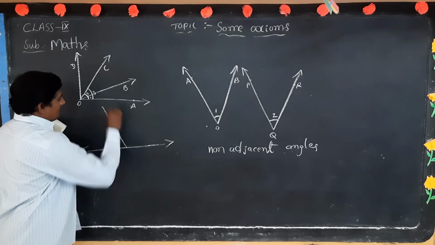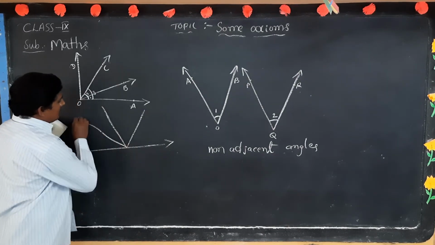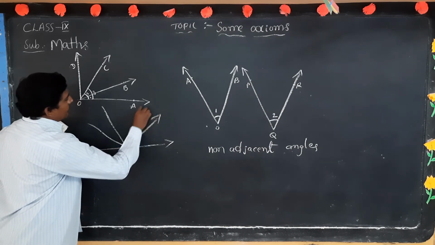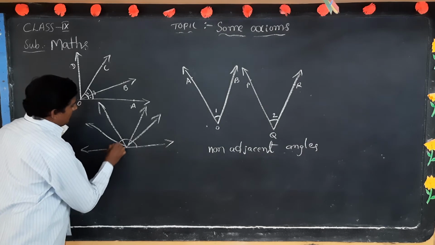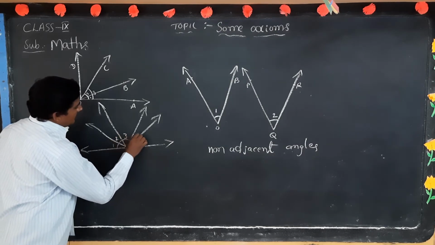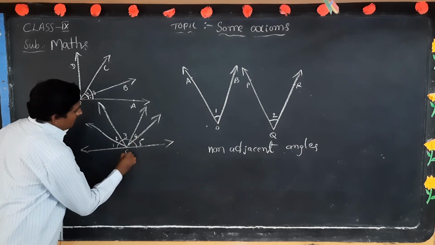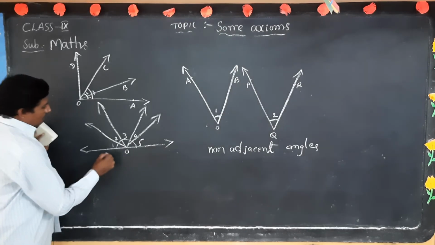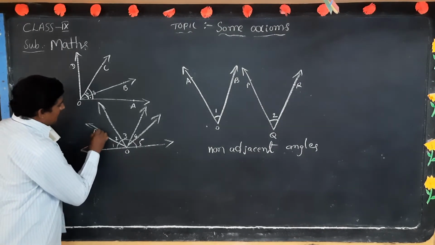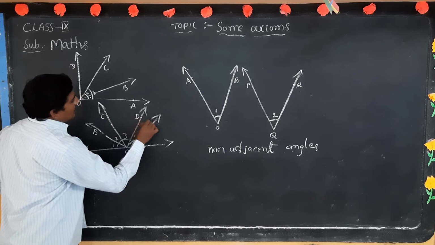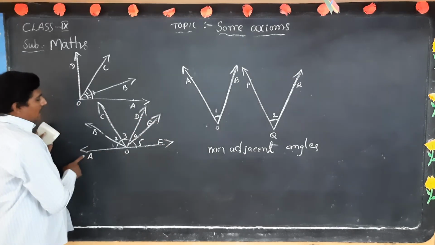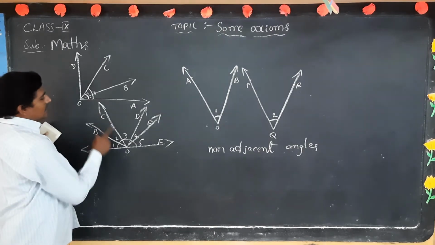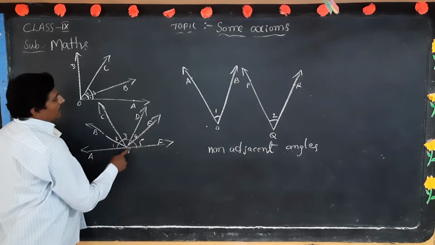Next, a diagram like this. See 1, 2, 3, 4, 5. Here O is common. Writing A, B, C, D, E, F, we have OA, OB, OC, OD, OE, OF.